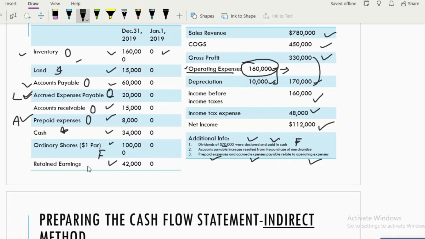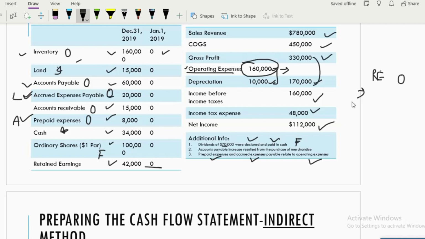Okay, so we don't directly mention the retained earnings, as we know from our basic accounting courses that every year, let's suppose last year's retained earnings balance was 0.